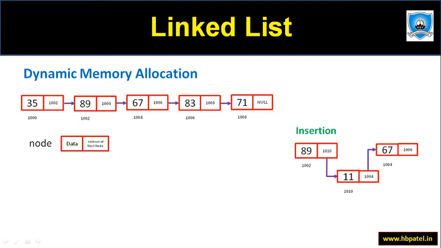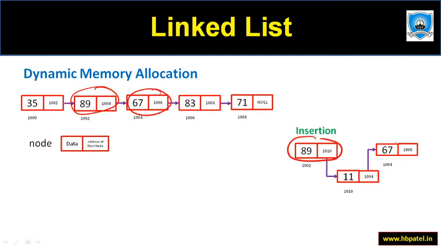Let us try to understand the insertion operation that we did in the case of an array, in static memory allocation. In the case of an array, we know that for inserting a single element, we need to do a lot of shifting. But in this case, supposing I wish to insert something between 89 and 67.